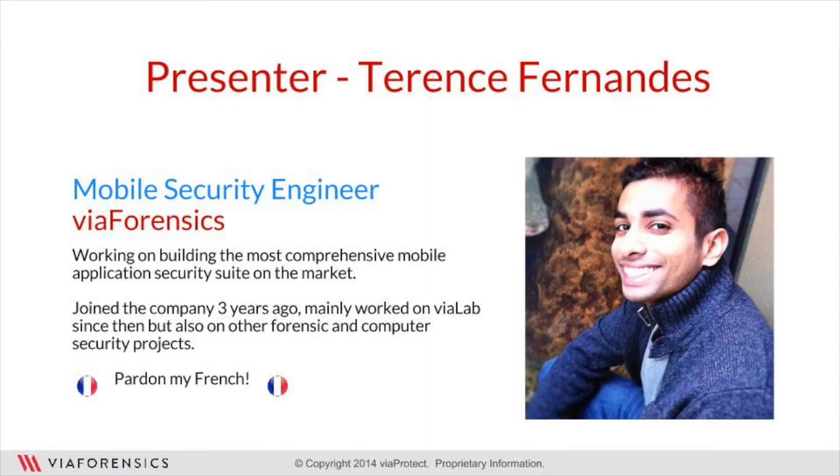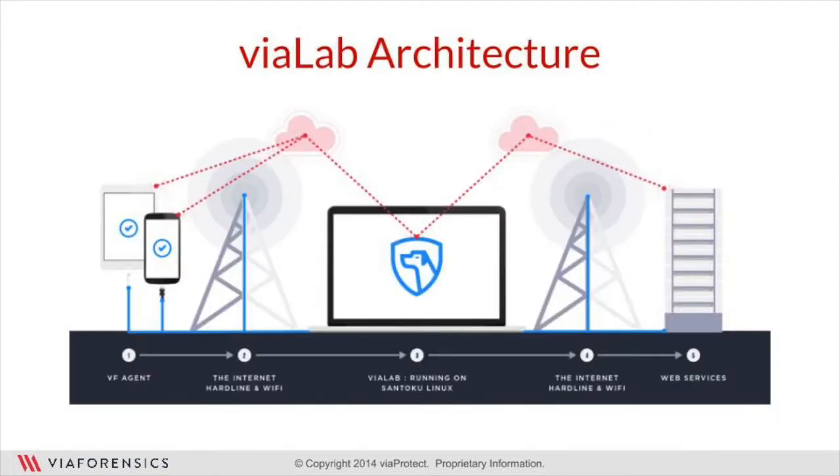All right, so let's get started and let's talk about the viaLab architecture and really what is needed to run the software and what viaLab basically is. So viaLab is a software that runs on CentOS Linux. For those of you that are not familiar with what CentOS Linux is, it's basically our operating system based on Linux that we customized to add security tools.